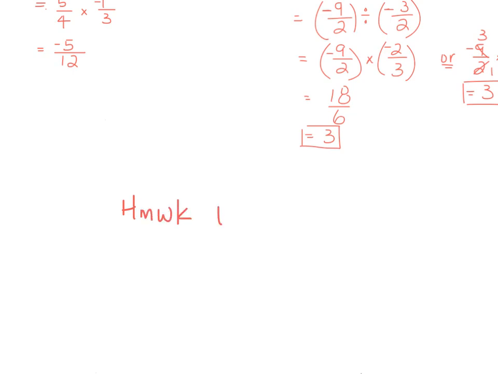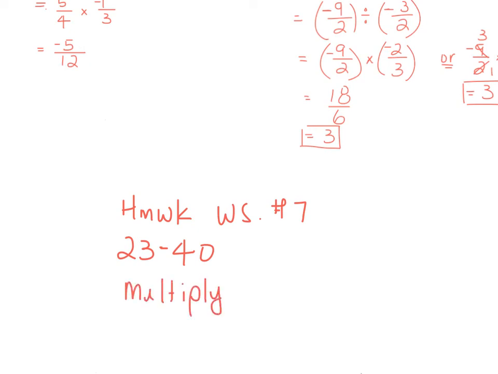So this is worksheet number 7. On the first page, on the first half of that page, there's 23 to 40, and these are all just single questions, so it's not that many. 23 to 40, and then if you look on the opposite side underneath multiply, again it's 17 to 24.